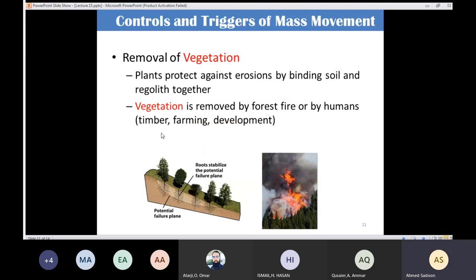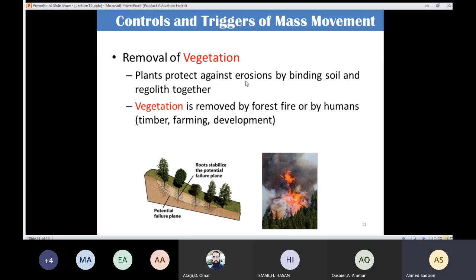Also, we have the role of vegetation. Since we were children, we've been told in school that trees are very important. The reason is that the plants or the trees are going to protect us against erosion.